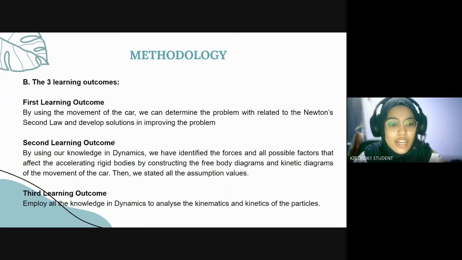The second learning outcome is that by using our knowledge in dynamics, we have identified the forces and all possible factors that affect accelerating rigid bodies by constructing the free body diagrams and kinetic diagrams of the movement of the car. Then we stated all the assumption values. That is, we employ all the knowledge in dynamics to analyze the kinematics and kinetics of particles. So that's it. My other groupmate will explain further about the calculation part.